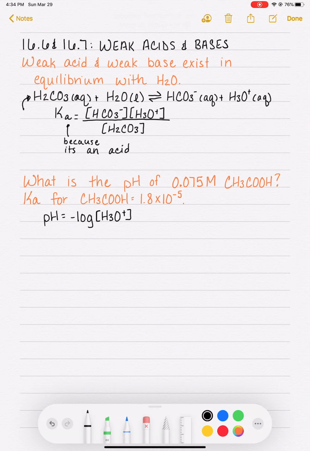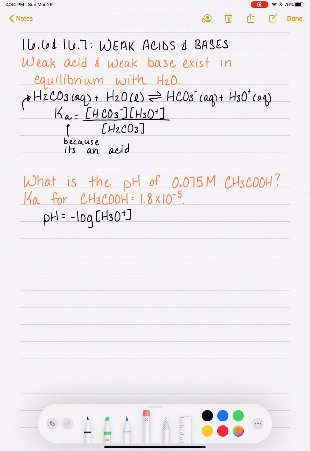For a strong acid or a strong base, we made some ice tables, but mostly what we learned was that the H3O plus concentration was going to be equal to the concentration of the strong acid or the strong base, unless it had like 2 OH groups, then it was different. But for the most part, for a strong acid, we could just plug the molarity of the acid right into the pH equation, and we get the pH. That's not going to work for a weak acid, and let's take a look at why.